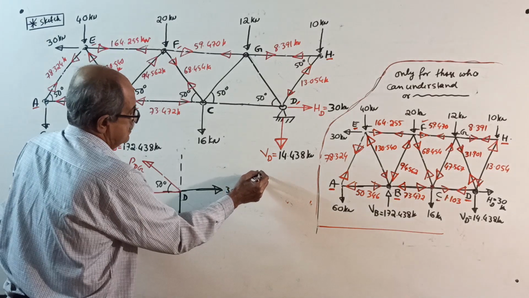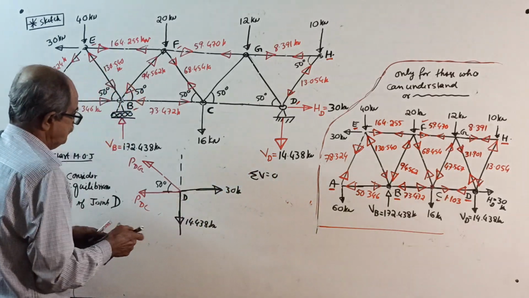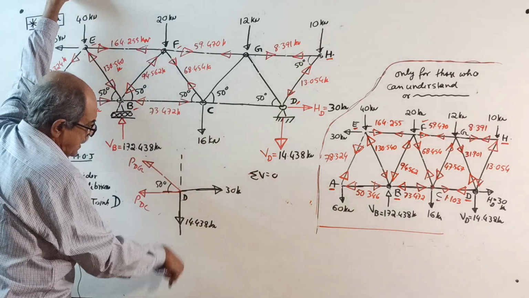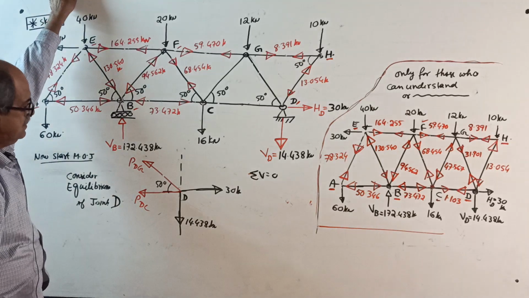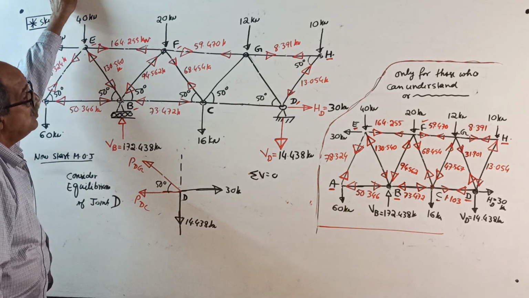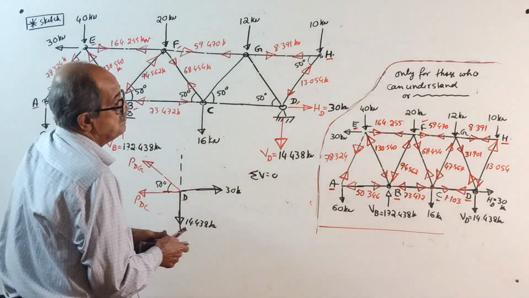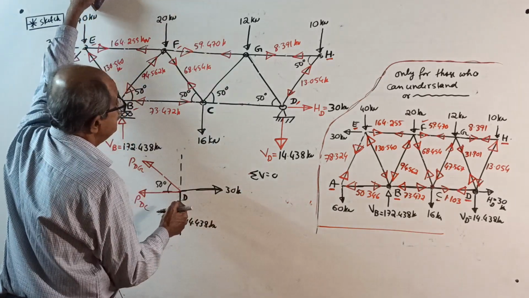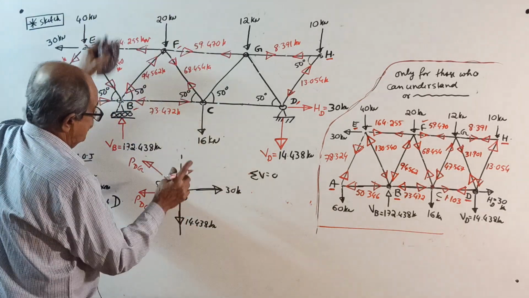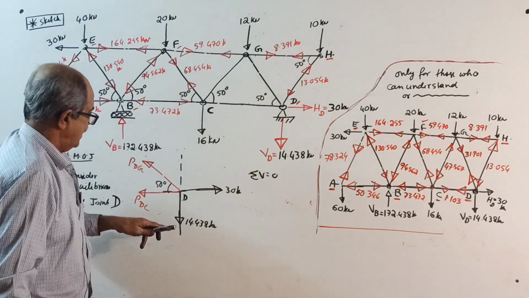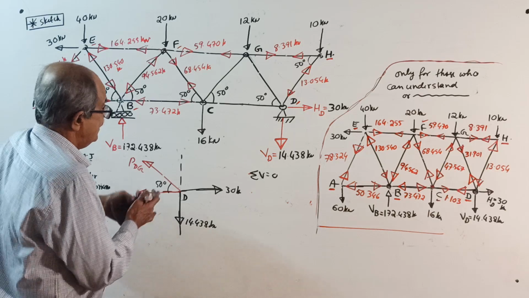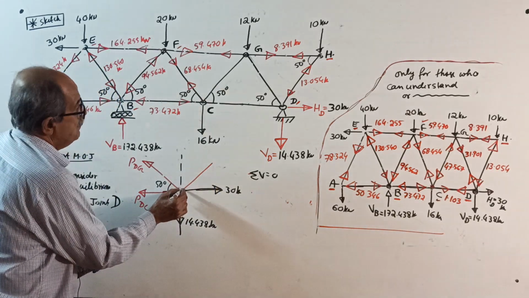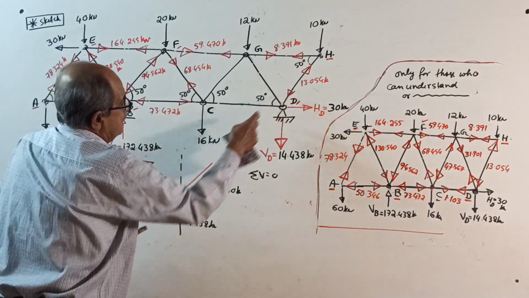Sigma V equal to 0, upward positive. Plus PDG sin 50 minus 14.438 equal to 0. Oh, sorry, there is one more force missing there, this way, which is actually this one.